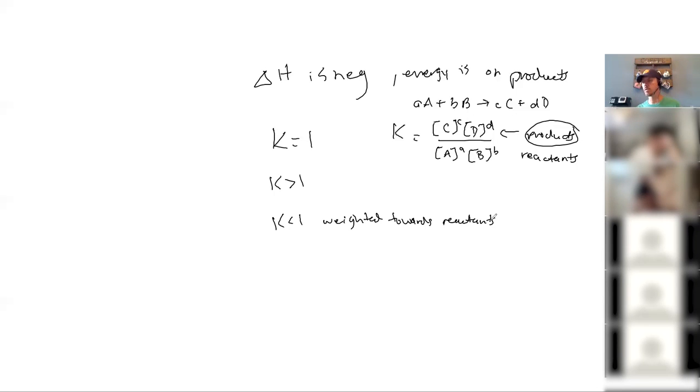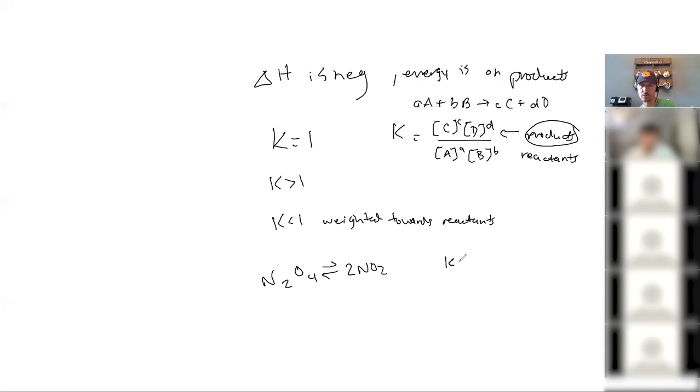So if I give you a chemical equation and a value for K, let's say I gave you a chemical equation like this, and I said it's an equilibrium equation, and that K for this equation is really small, like 8 times 10 to the negative 7.